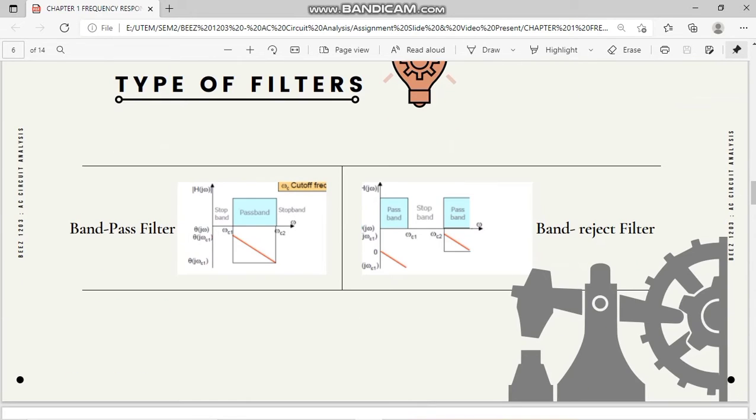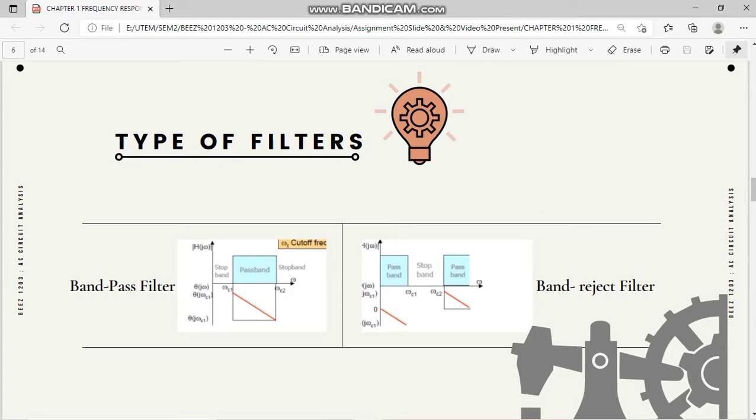Then I will explain the band pass filter. Band pass filter passes signals within the band defined by 2 cut-off frequency from the input to the output. So this is the diagram for the band pass filter.